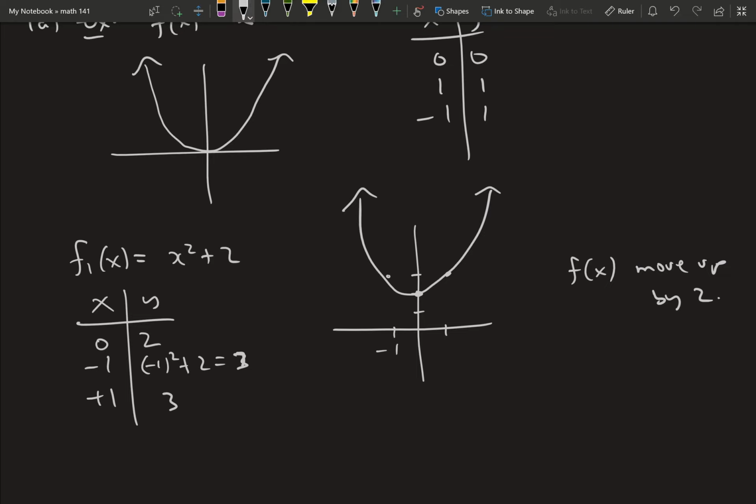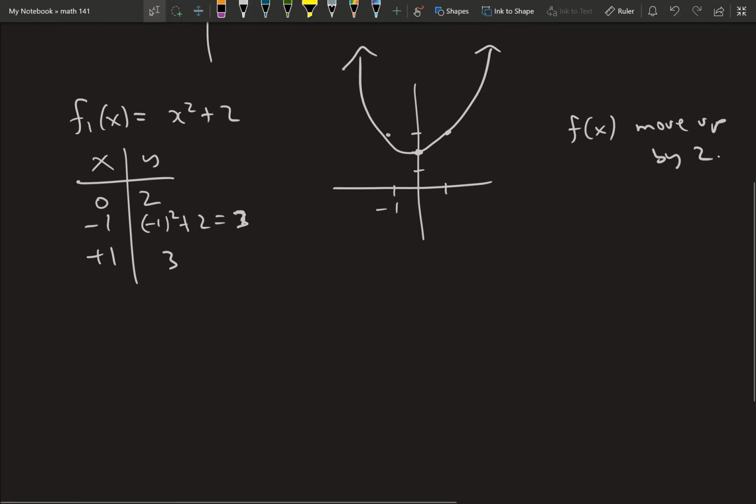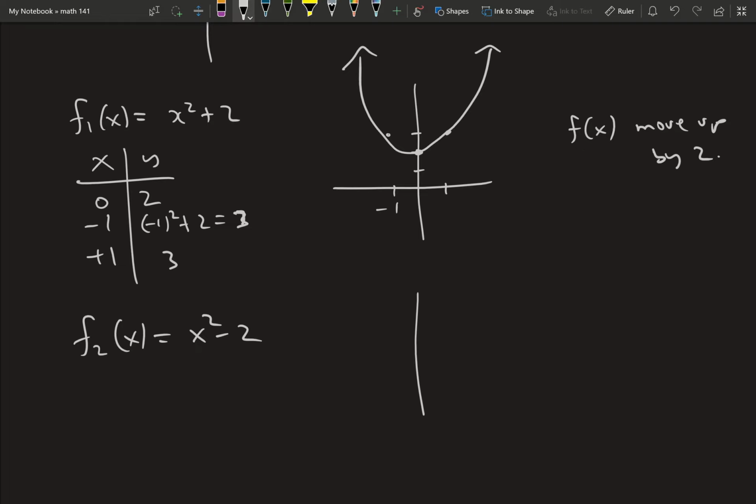In a similar way, we'll call this f sub 2 of x, x squared minus 2. You would see what happens analogously. If you plug in the same points, 0, 1, and negative 1, the y values would become minus 2, and here we would get minus 1 and minus 1.